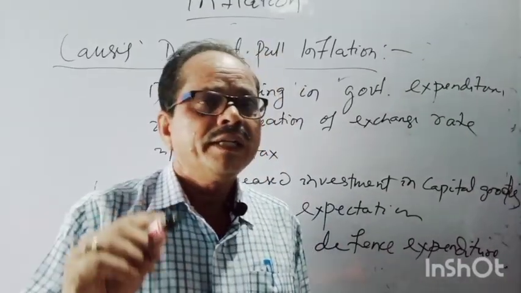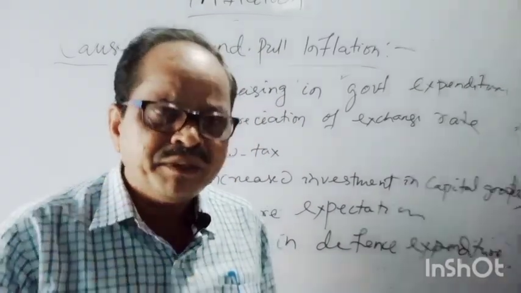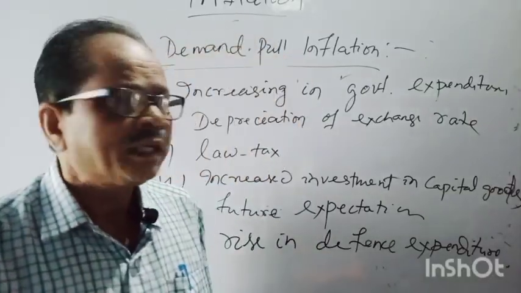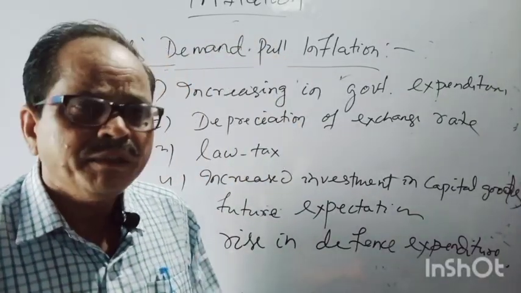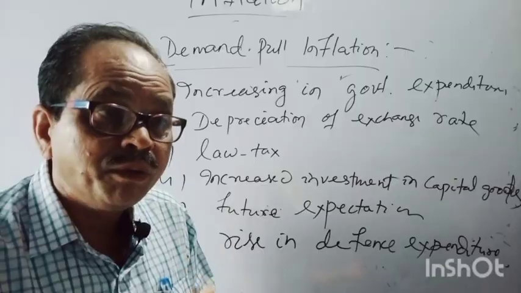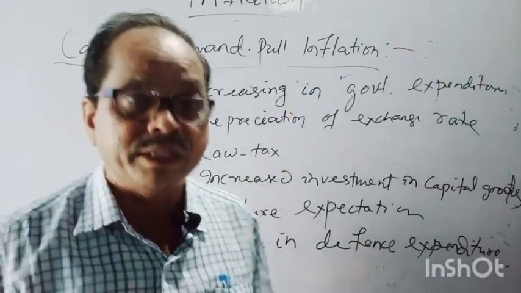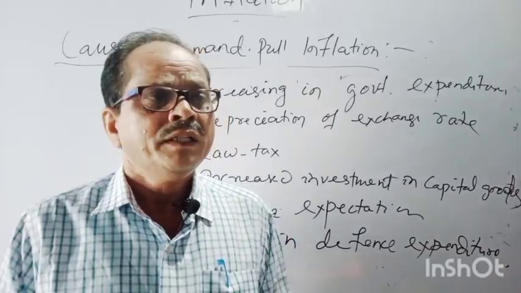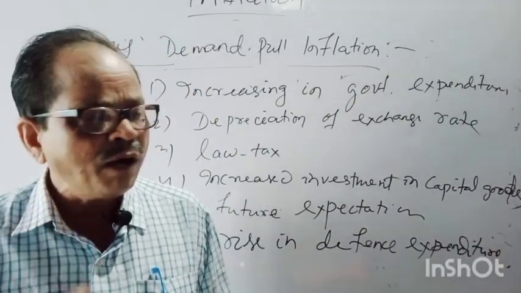When a currency is depreciated in the international market in the exchange rate, what is currency depreciation? The currency value reduces compared to other currencies. Suppose I give an example, the dollar.